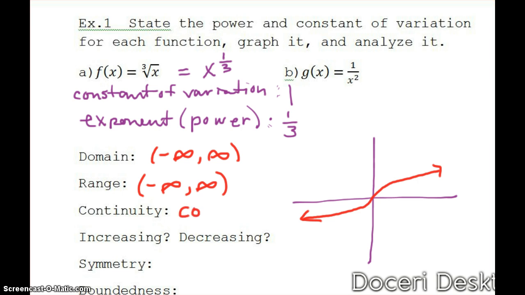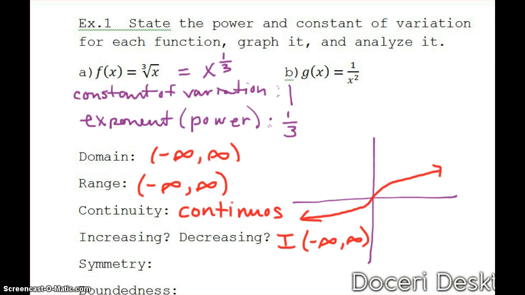It is a continuous function, and for this one it's increasing. Some parts it's increasing rapidly, some parts it's a very gradual increase, but it is increasing from negative infinity to infinity, so there isn't a decrease in that.